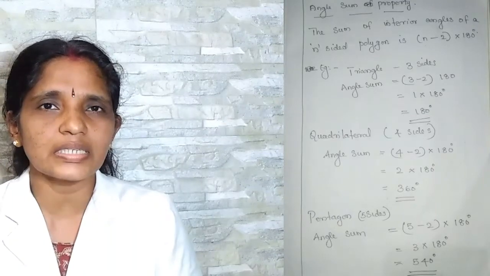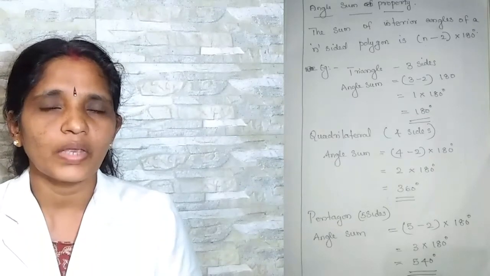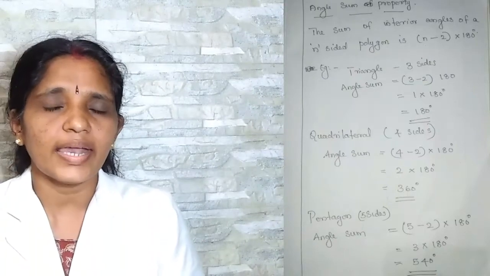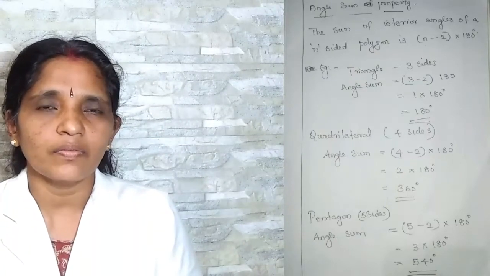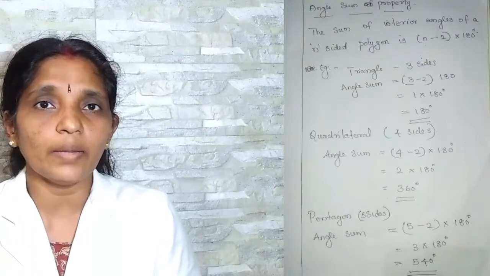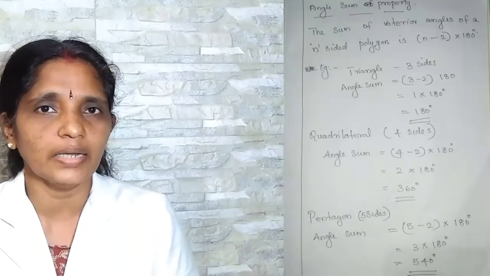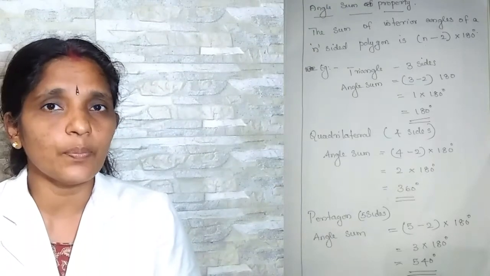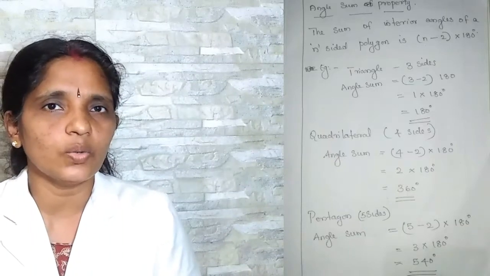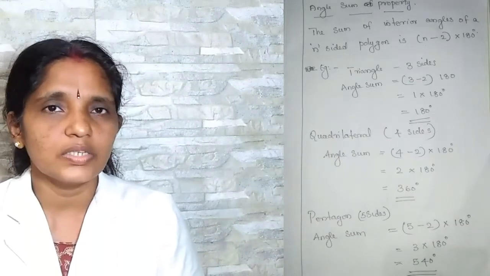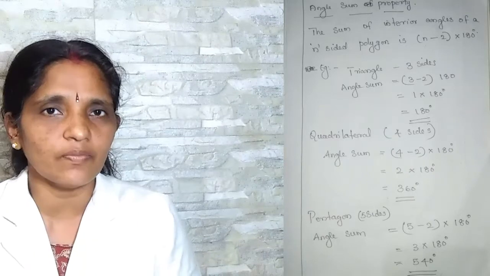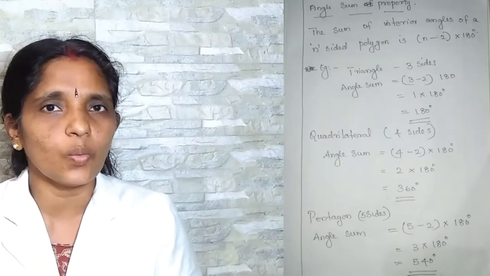That means 6 minus 2, 4. Like this, an n-sided polygon can be split up into n minus 2 triangles. Children, you listen. An n-sided polygon can be split up into n minus 2 triangles. So its angle sum will be n minus 2 into 180.